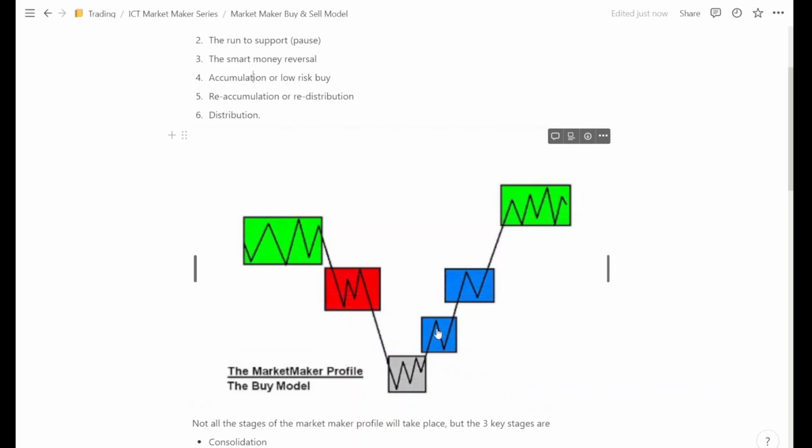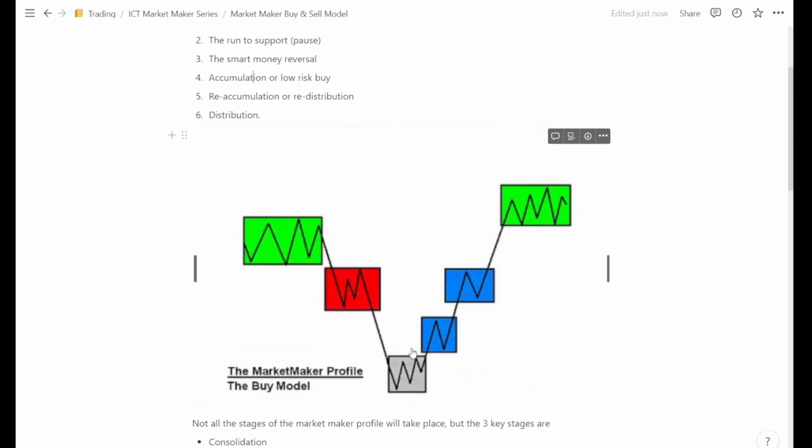Now, which one should you use? If there is a sweep of a high, a liquidity sweep, I like to use the breaker. Even if there's a fair value gap before the breaker, I like to wait for price to trade into the breaker. There are times when it doesn't and it just moves and I miss out on that trade.